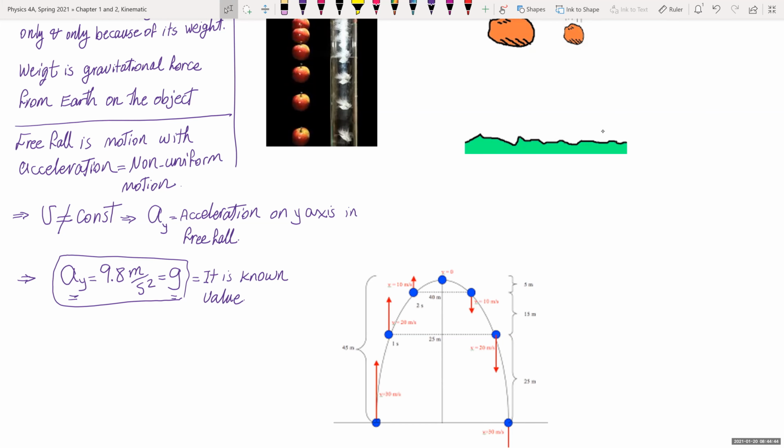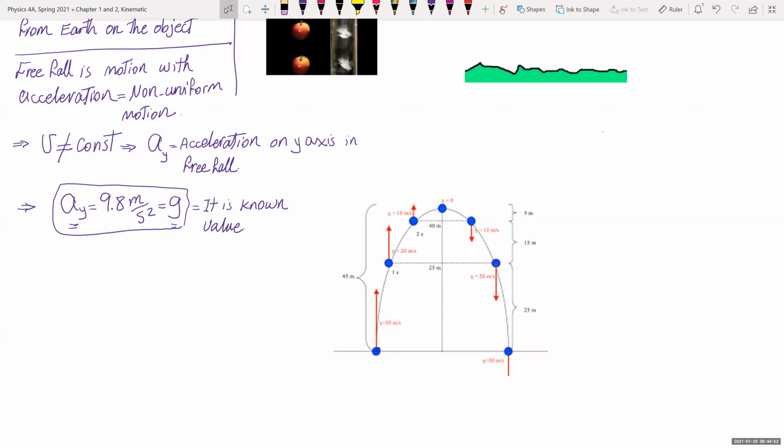So it is constant. g is constant. 9.8 is a known value. Acceleration on planet Earth, let's call it g on Earth, is 9.8 meters per second squared.